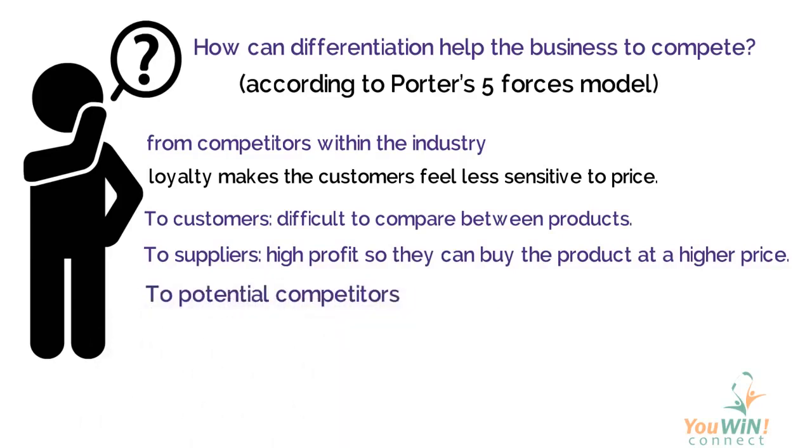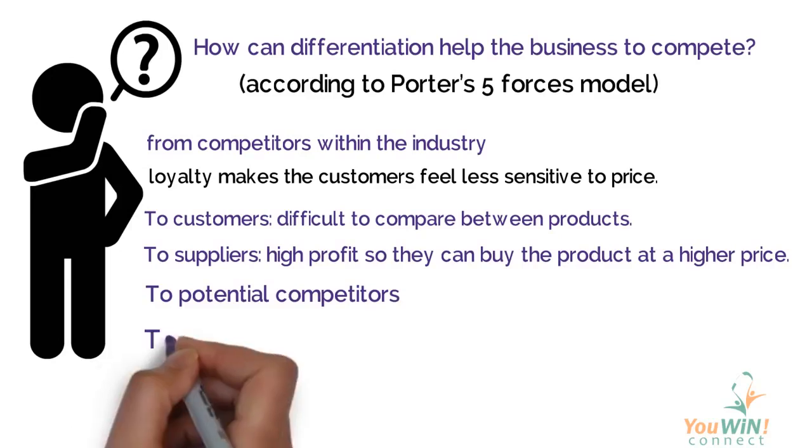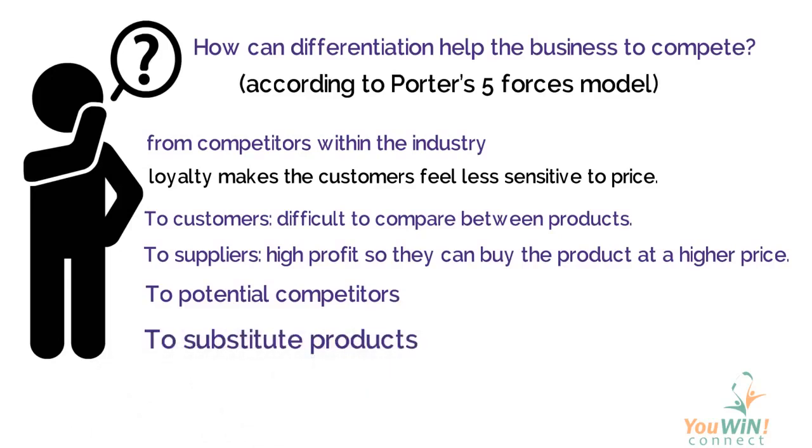To potential competitors, the uniqueness creates a barrier or hindrance and makes them not want to enter that market which you are playing in. And of course, to substitute products, the firm has more advantages than its competitors in the industry in competing with substitute products.